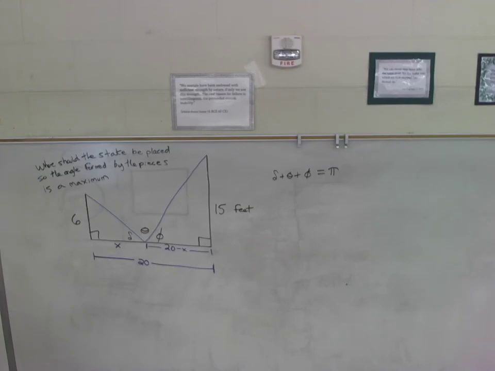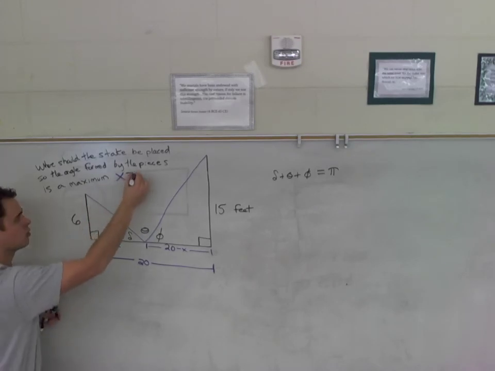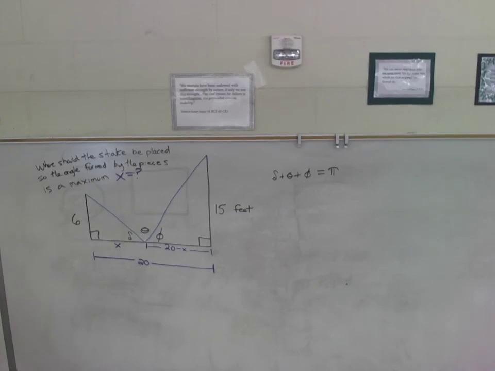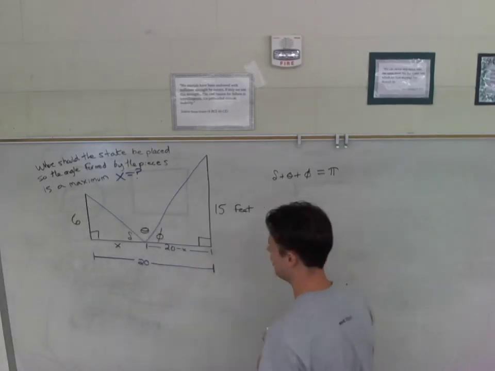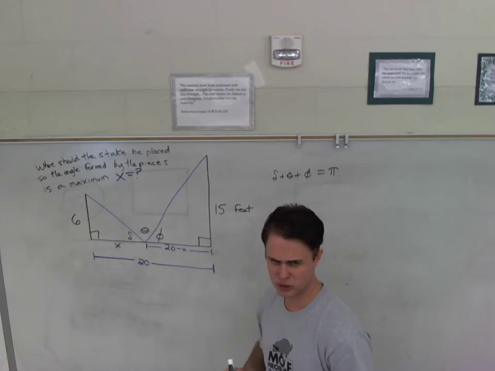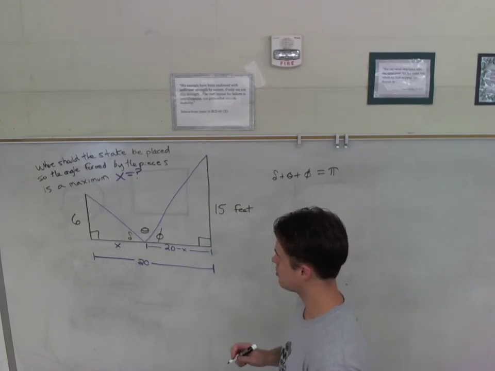So now once we have that labeled, what are we really trying to find when we said, where should the stake be placed? We're trying to find the optimal location of x. We're trying to optimize what our x should be. So if we want an equation involving x, let's just look at it. Can we do a couple different ones?